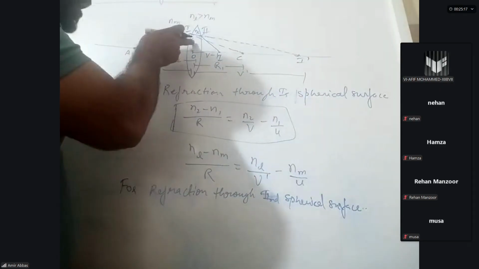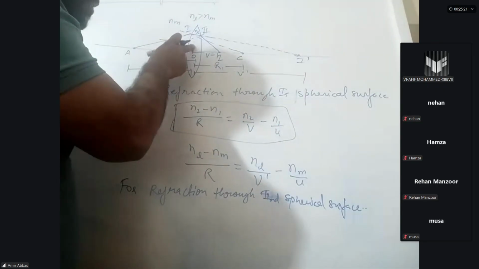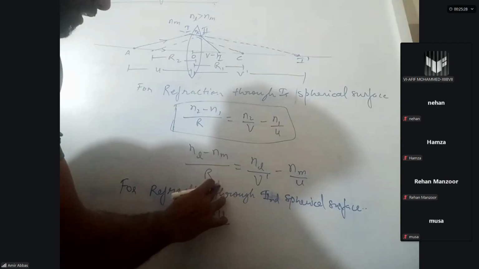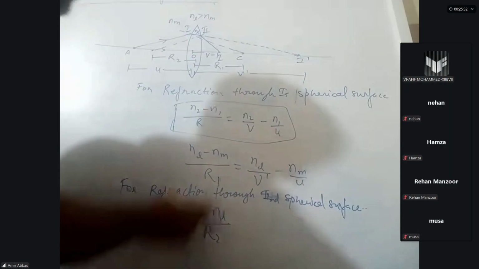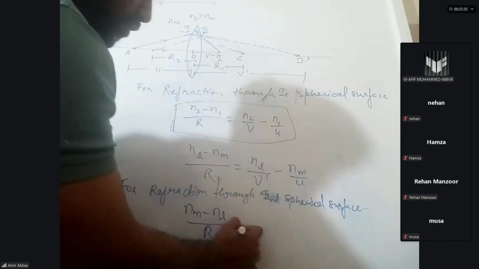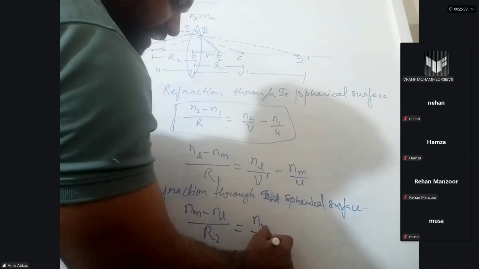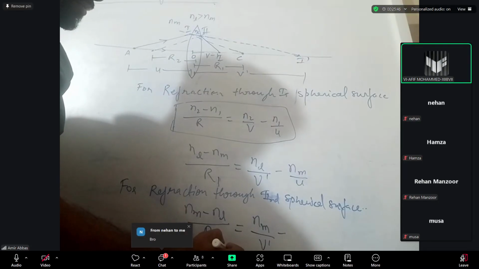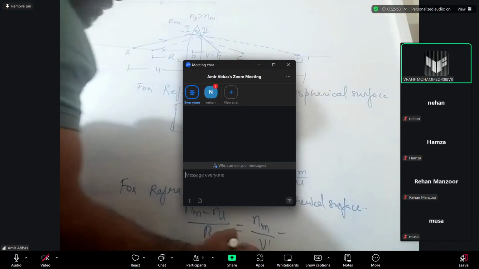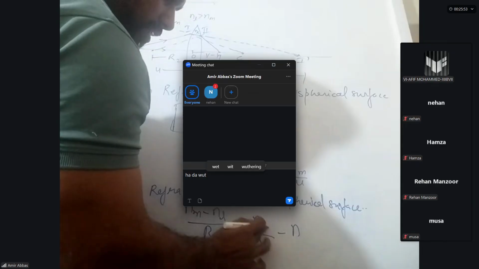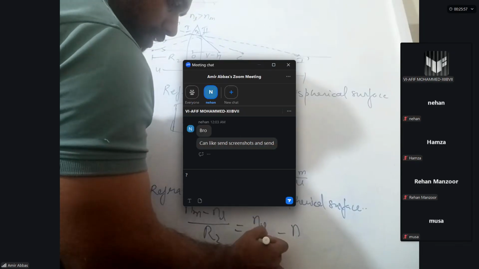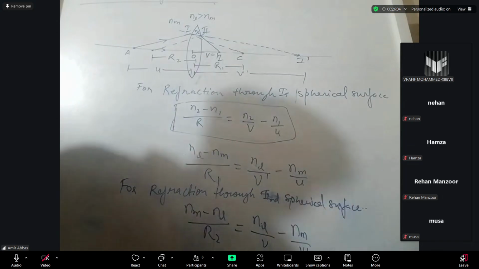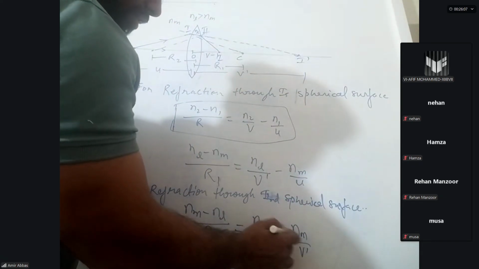The light is going from lens to air. Then what we can write is (Nm minus Nl) upon R2, where this is the radius R2, is equal to Nm upon V minus Nl upon V dash.